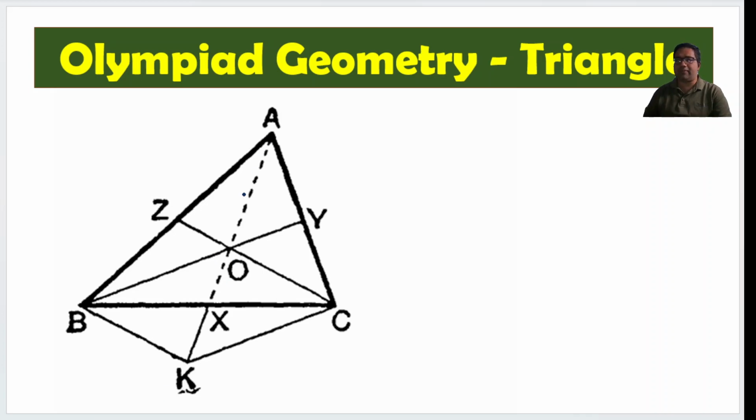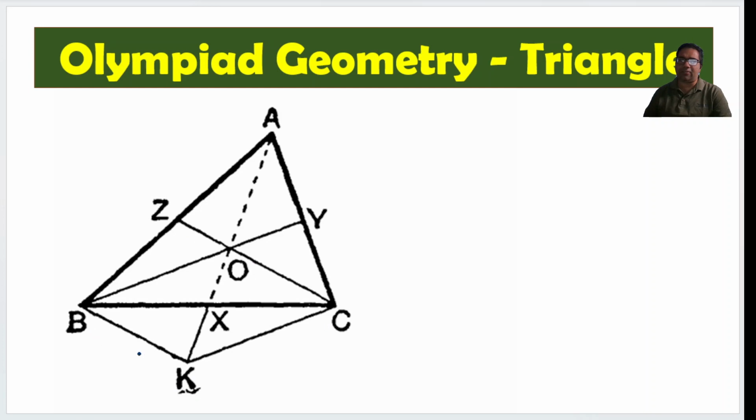Now, in triangle ABK, O is the midpoint of AK and Z is the midpoint of AB, because Z is again a median. What does that mean? ZO, which joins the midpoints of two sides of triangle ABK, should be parallel to BK. So ZO is parallel to BK.